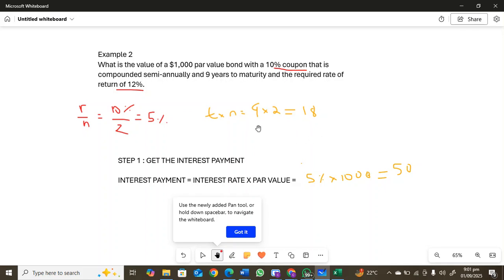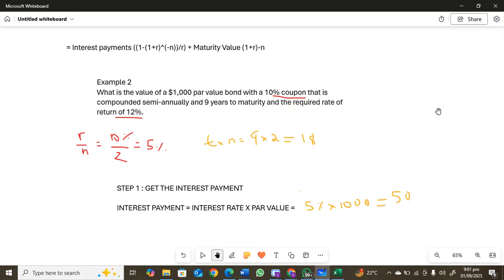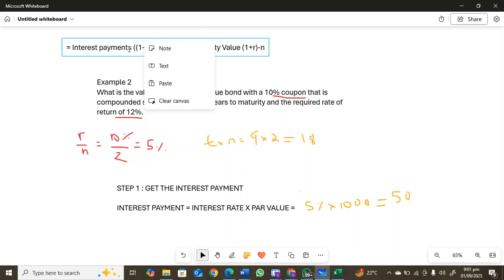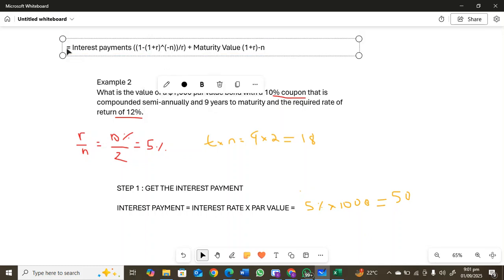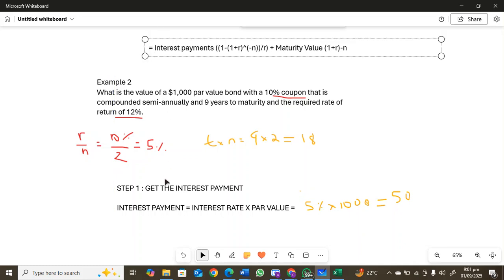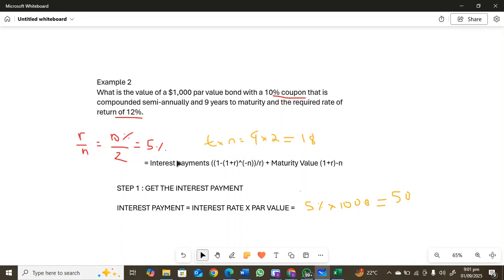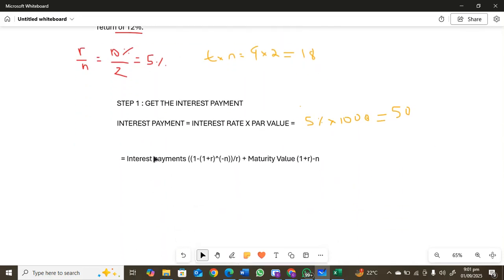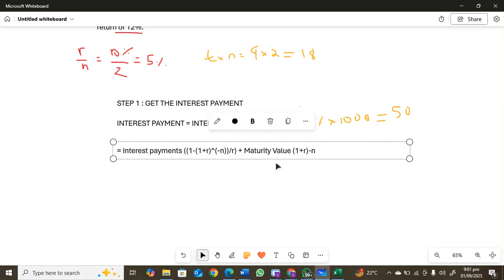Then, after we get the interest payments, now we can put the formula for present value to get the price of the bond. So our interest payments, 50 kwacha.